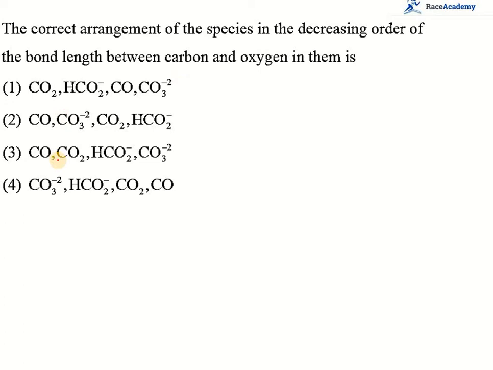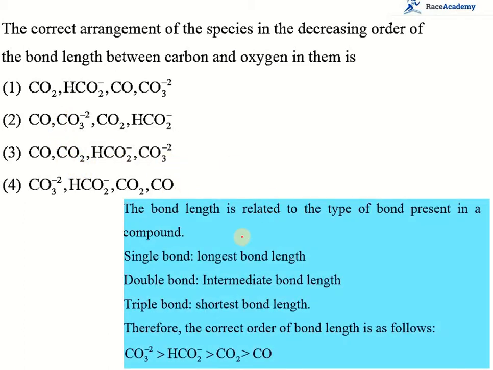That means in decreasing order, carbon monoxide should be last in the list. So the bond length is related to the type of bond present: single bond longest, double bond intermediate, and triple bond shortest. If you consider all these, carbonate, HCO2 minus, CO2 and CO. So the fourth option matches this.